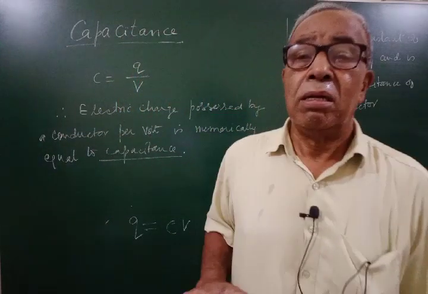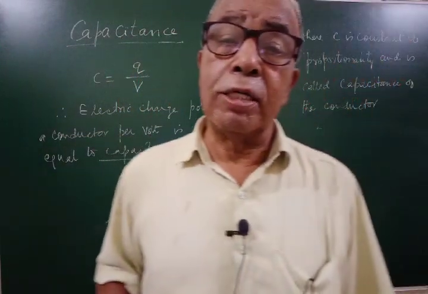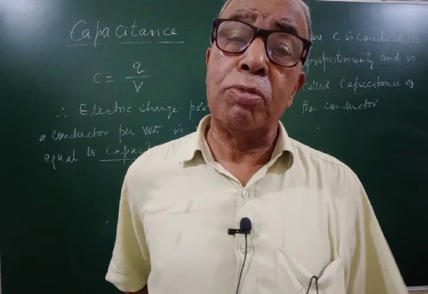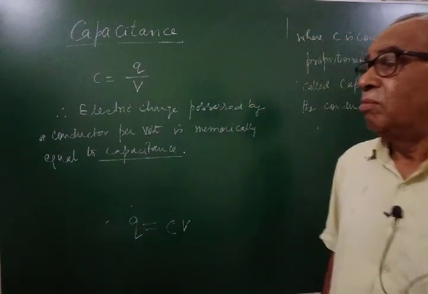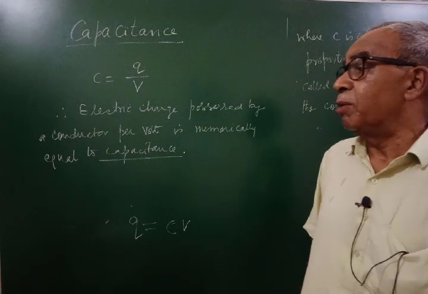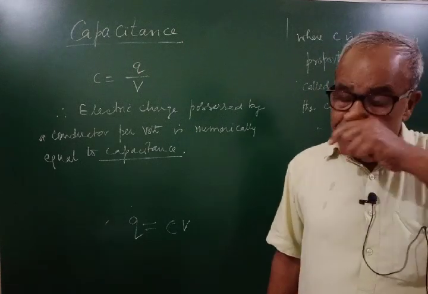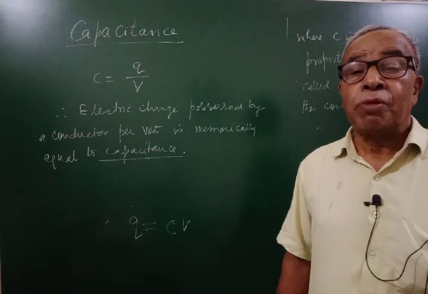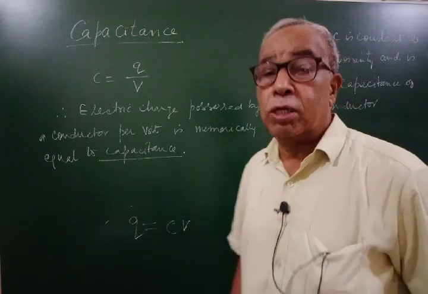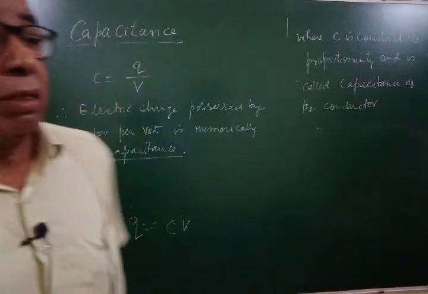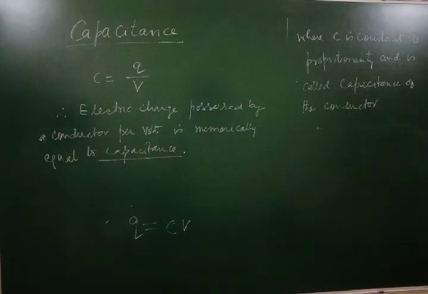Capacitance is the ability to hold charge, measured in terms of charge held per volt. How much charge can be possessed by a conductor when its potential is 1 volt? That is the capacitance of the conductor.